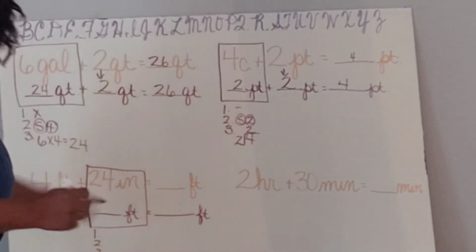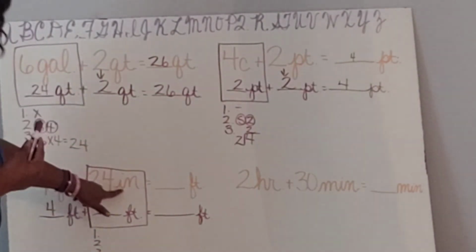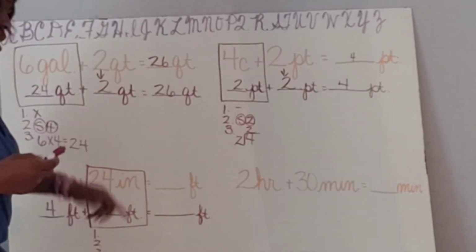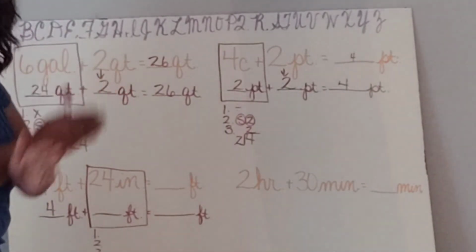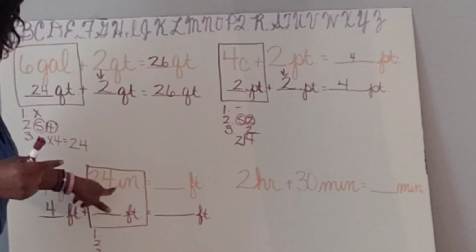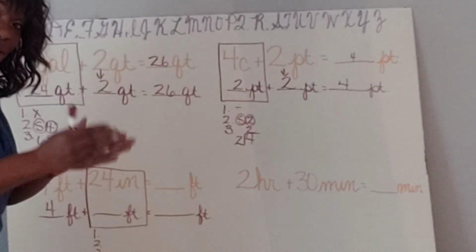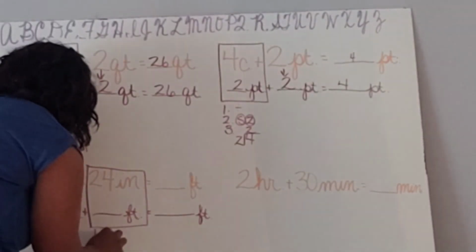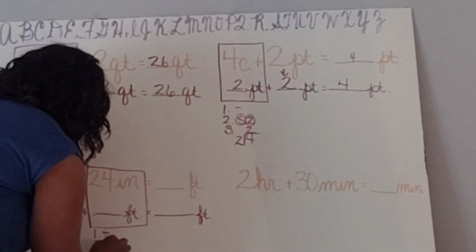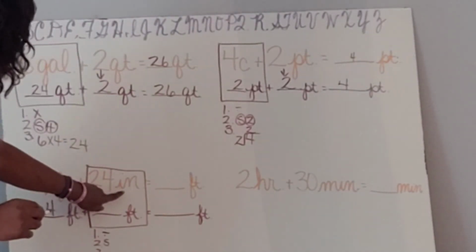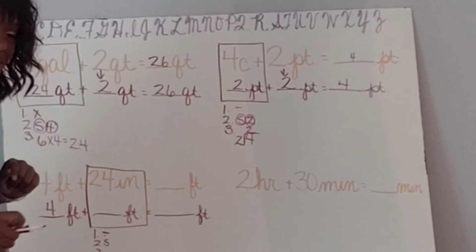And then I ask my question. Inch, starting at the top, going to the bottom. Inches to feet, larger to smaller, multiply, or smaller to larger, divide? Inches are smaller, feet are larger, divide. So I put my division sign next to number 1. Then number 2 is my special number. How many inches are in 1 foot?